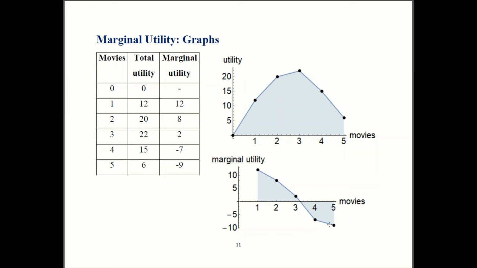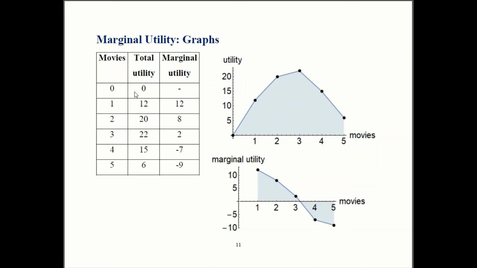So we said that we had 0 utility from 0 movies, and one movie gives you 12 units of utility, 12 utils. 2 movies gives you 20, and 3 is 22, and so on. So you can see how the graph curves like that. And the marginal utility is just graphing this last column here.